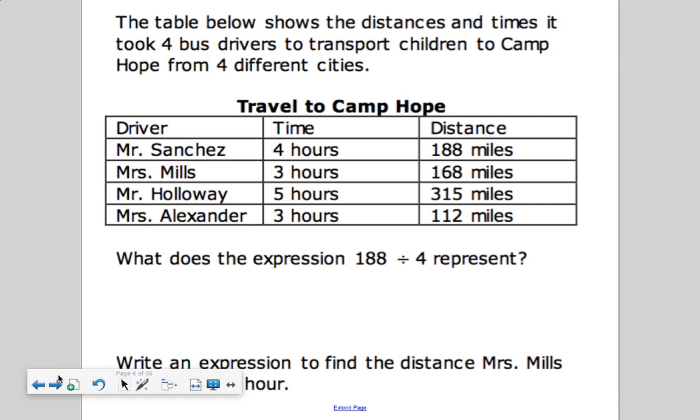So what does the expression 188 divided by 4 represent? Well, 188 stands for the distance, divided by 4 stands for the time. Or 188 miles divided by 4 hours. So we are dividing the miles by hours.